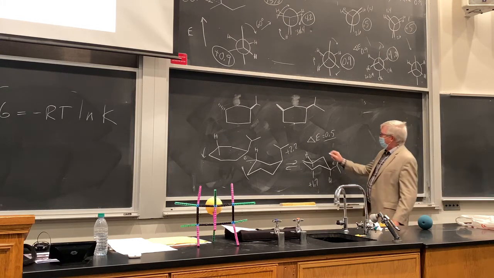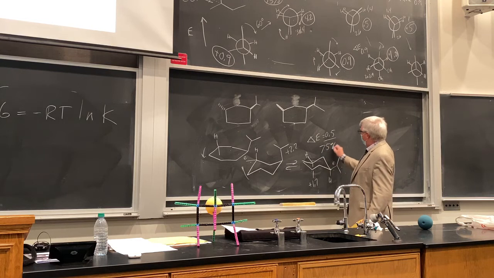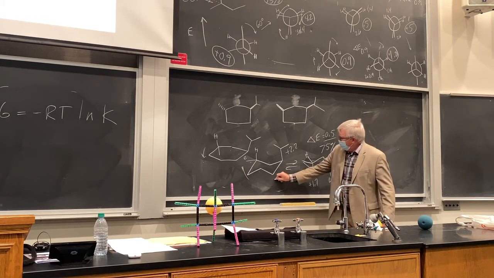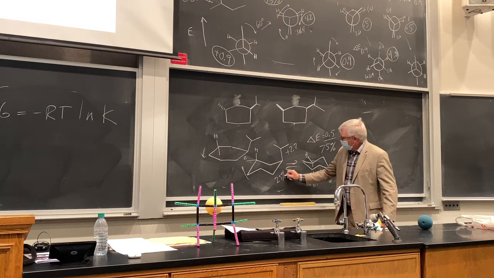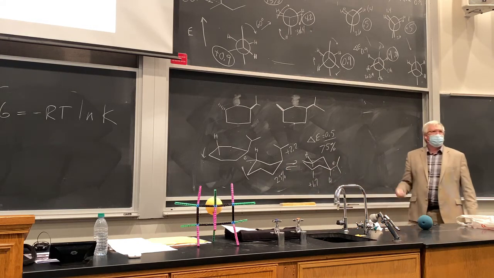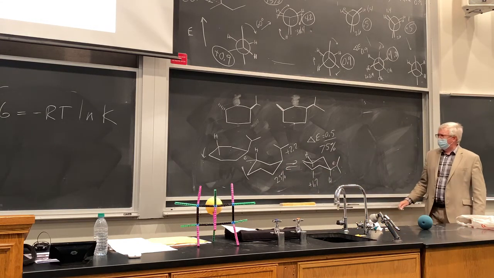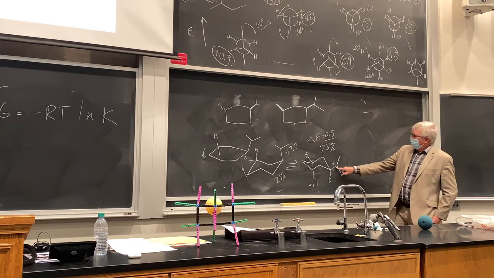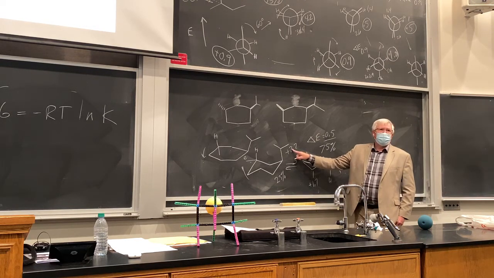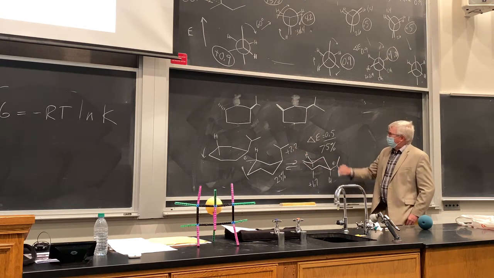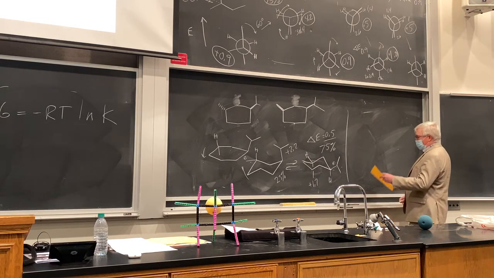I think it turns out to be 75% this one and 25% that one. Those numbers, calculations from the Boltzmann distribution, I don't hold you to, but I think you can see the A value difference here, 2.2 versus 1.7. Okay, that's just the trans, right?